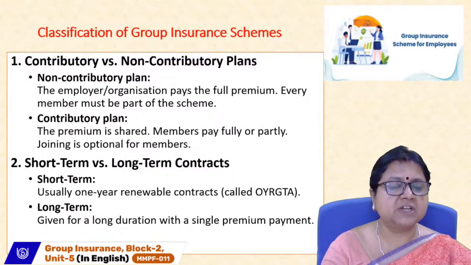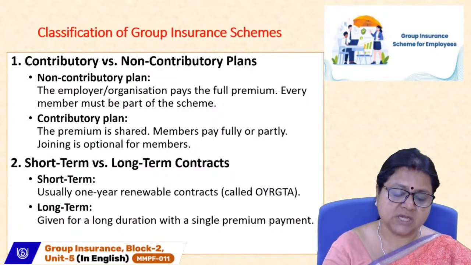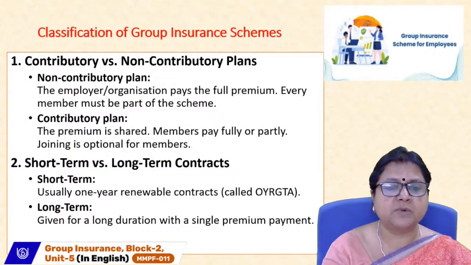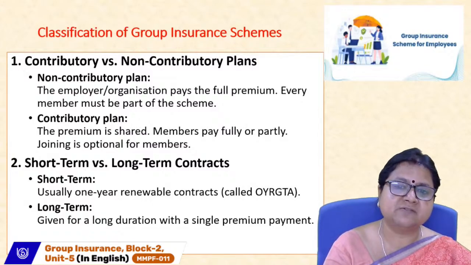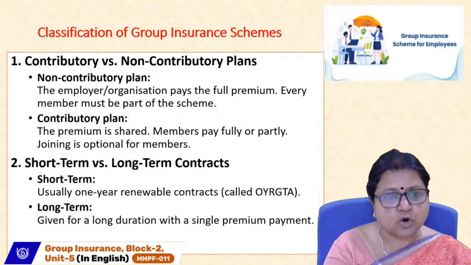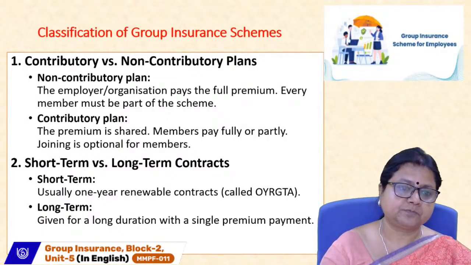But if he does not wish to be a part of this group insurance policy, then it is optional. The amount will not be deducted, but he will also not be a beneficiary of this insurance scheme. So that is how the contributory plan operates.